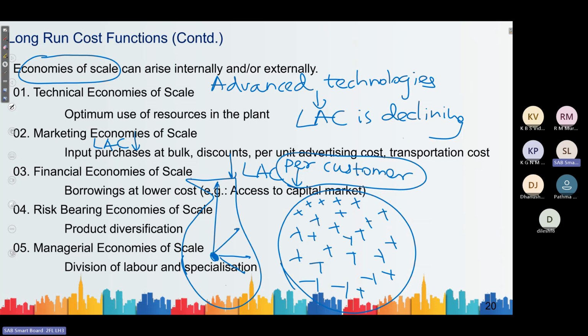Then ultimately their average transportation cost will be lower. So at large scales, average transportation cost will be low. That is about marketing economies of scale.